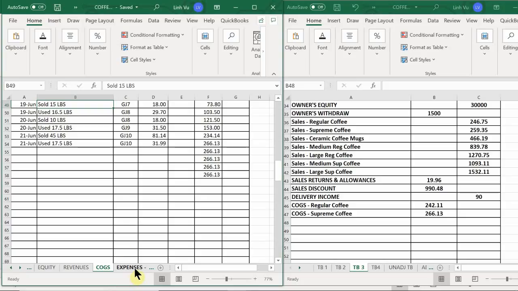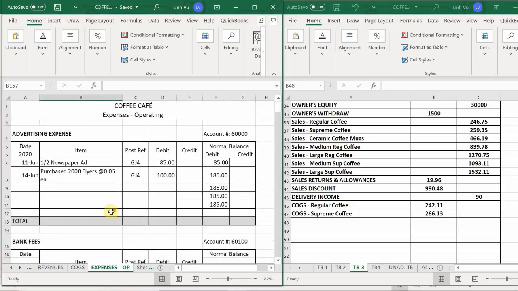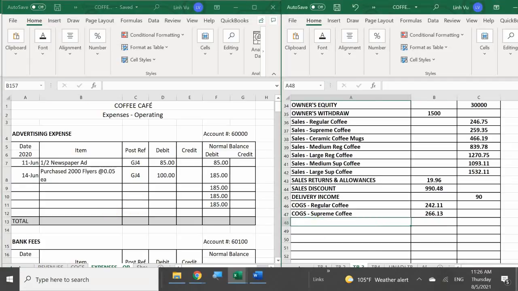Last but not least, I need to go over all of my operating expenses. So first one on the list is advertising expense. Okay. So most of these are going to be debited. So first one here, how much advertising expense? $185. Okay.